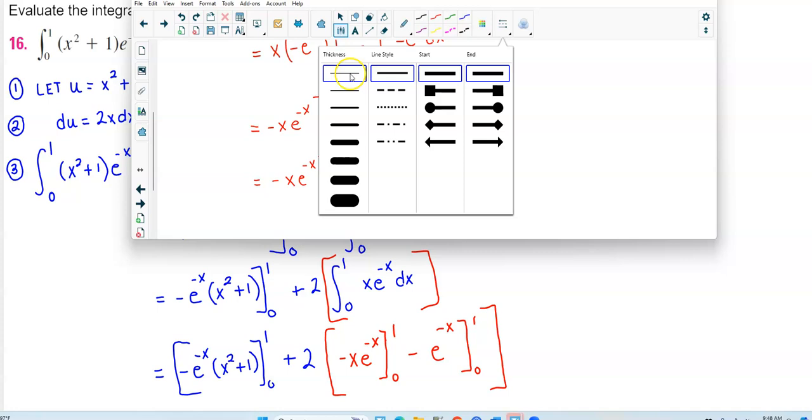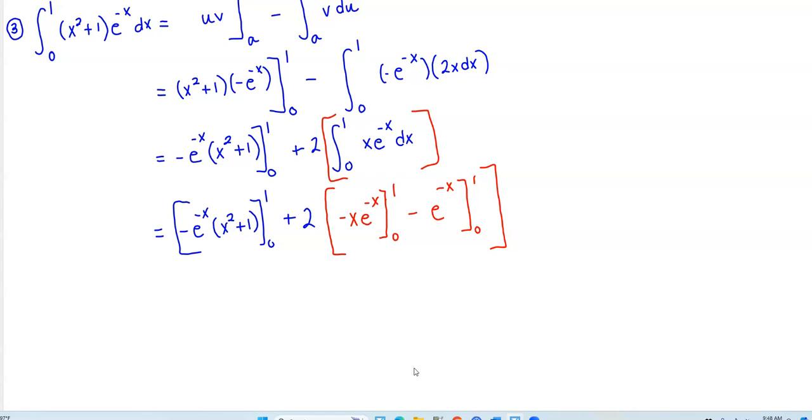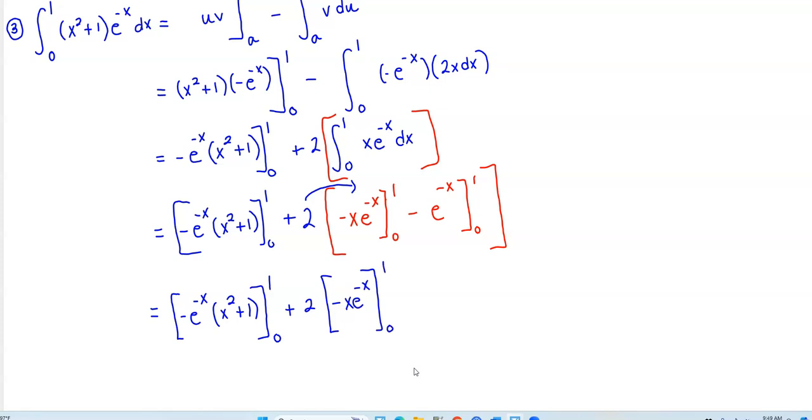Okay, so now let's go ahead and then distribute the 2. So we have negative e to the negative x times x squared plus 1 going from 0 to 1. If we distribute the 2, we have plus 2 times negative x e to the negative x going from 0 to 1.